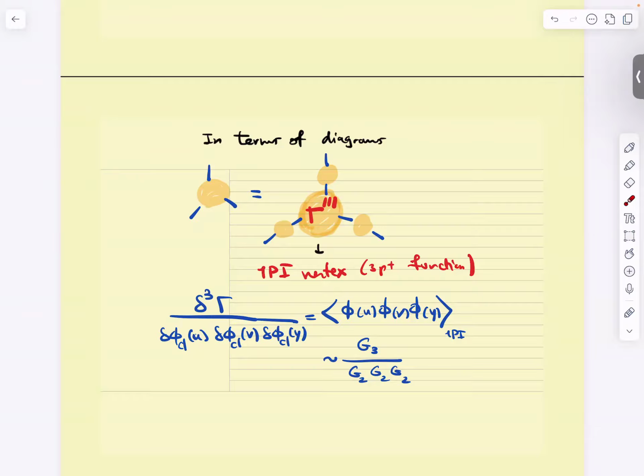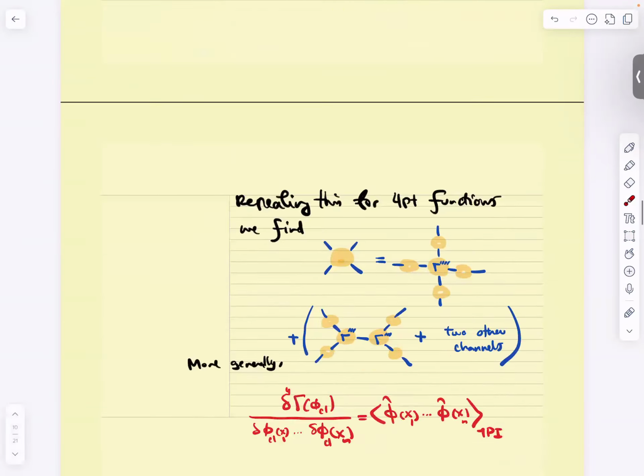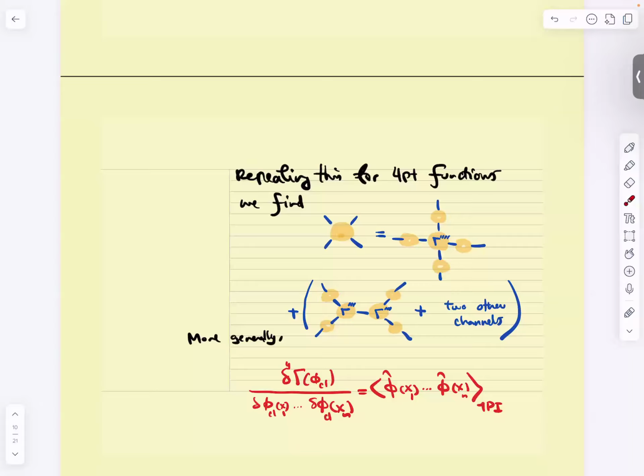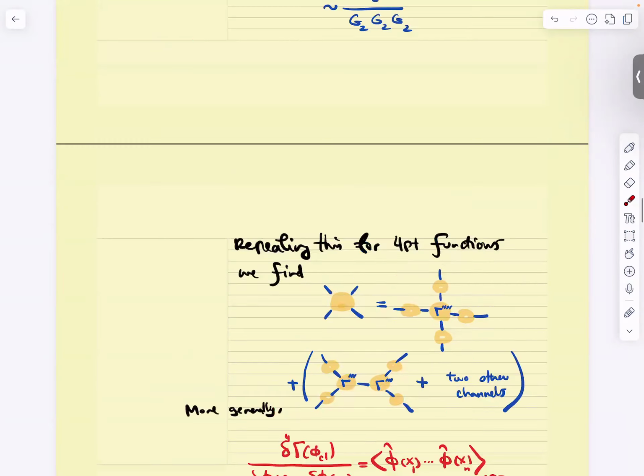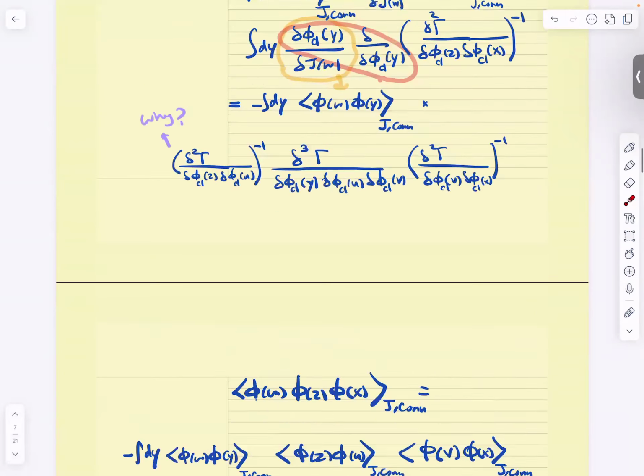This is 1PI. So now, to convince yourself that the fourth derivative of the effective action is the generating functional for the 1PI diagrams at higher points, what you have to do is just take yet another derivative.